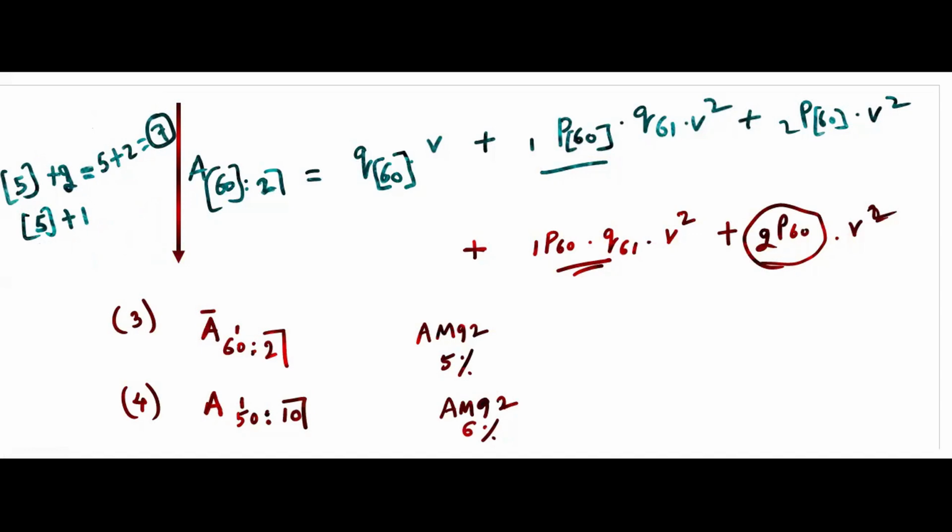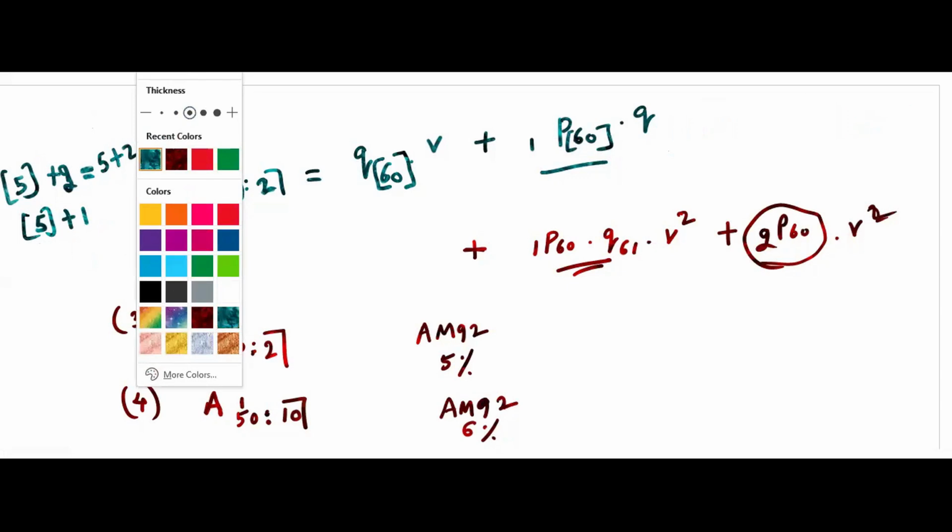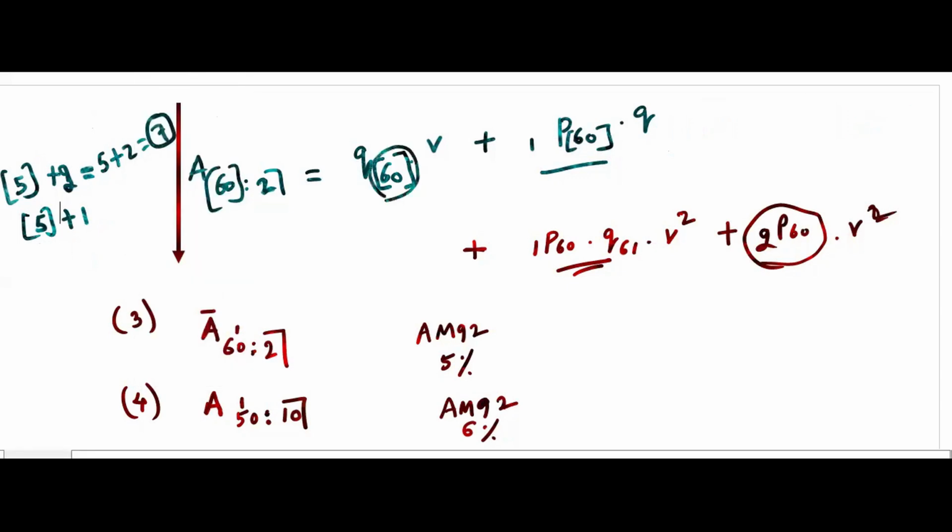Now coming to this one, you added and you have written this way. So this is not correct. You can't add 1 to 60. So let me change this. You consider this whole as x. So x plus 1. So instead of this, if I write here x2, let me write it q.